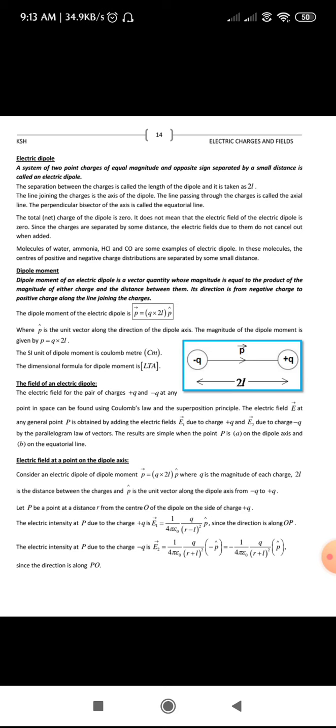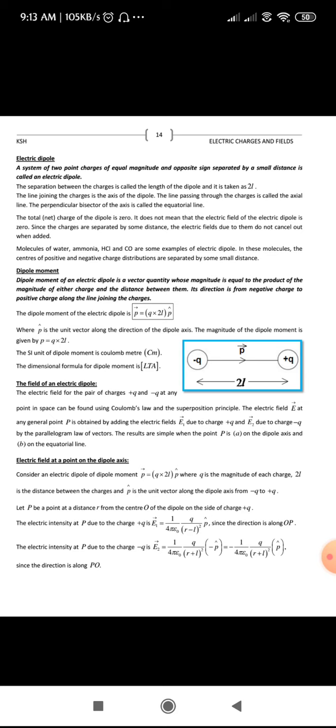Next, let P be a point at a distance r from the center O on the dipole axis, on the side of charge plus q. P is the point where we need to find the electric field, situated at a distance of r from the center of the dipole.